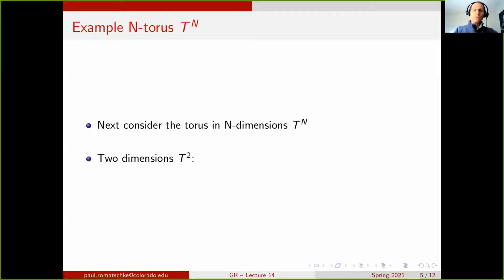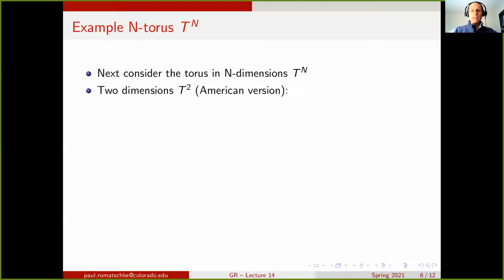In particular, the 2-torus, T^2, is a manifold that looks like this. It is a ring and it has a hole in it. Again, you can write this as a manifold, but there's a more interesting version. Let's take the American version of a torus, T^2, depicted here.